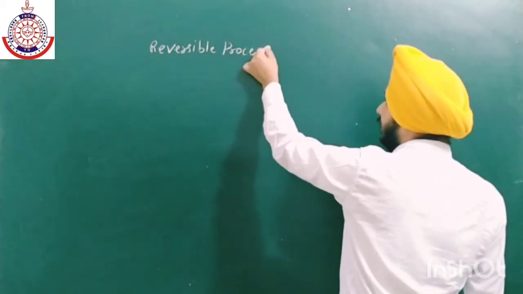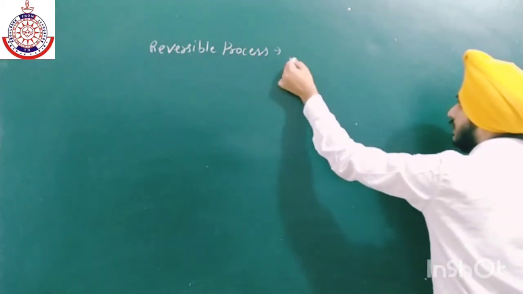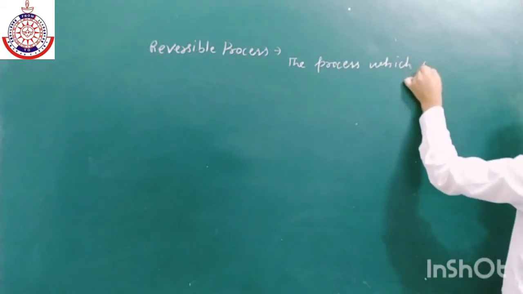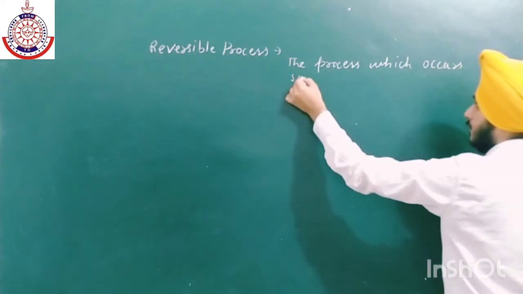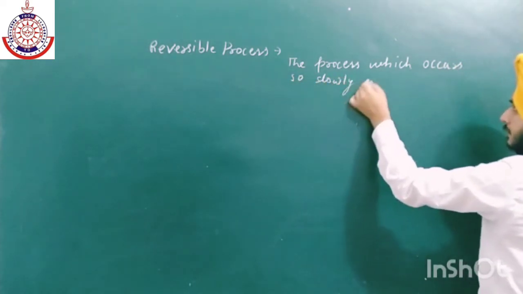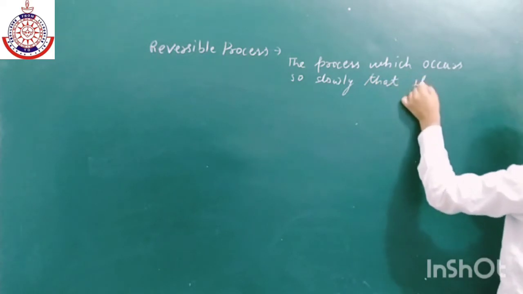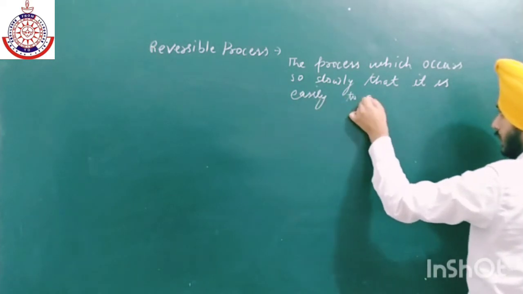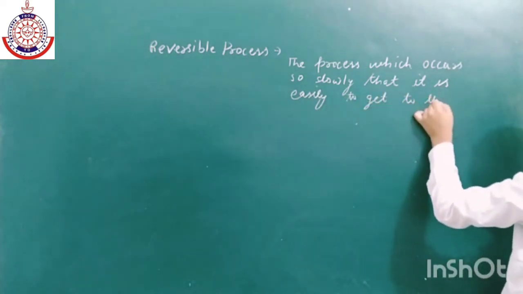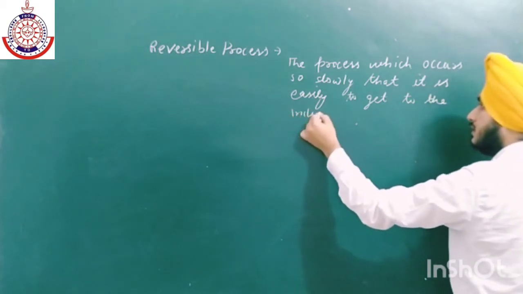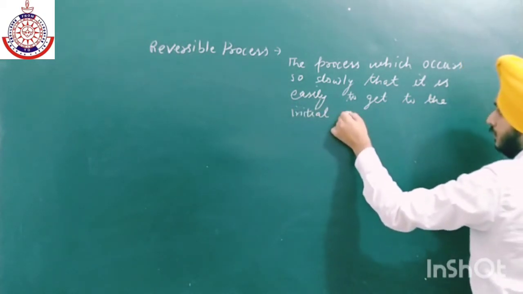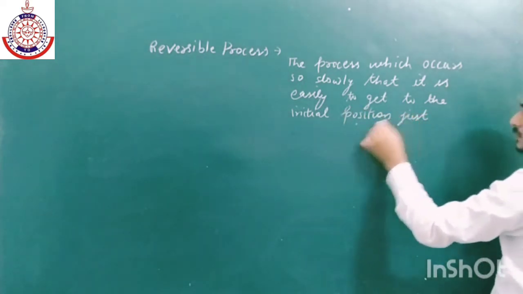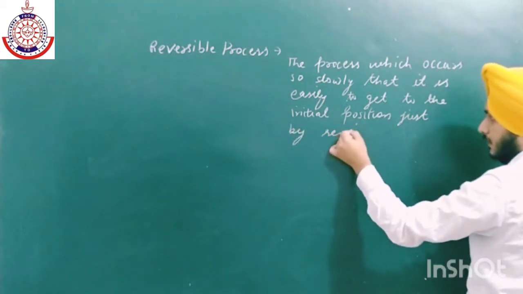A process is said to be reversible if it occurs so slowly that it is easy to get back to the initial position just by reversing all the steps.